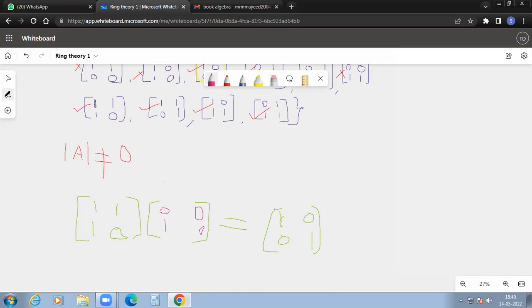What we know is, the matrices whose determinant is non-zero are invertible, we say. So you need to find the inverse of that matrix. In our usual case, when the matrix is invertible, we divide by the determinant of that matrix and calculate it.